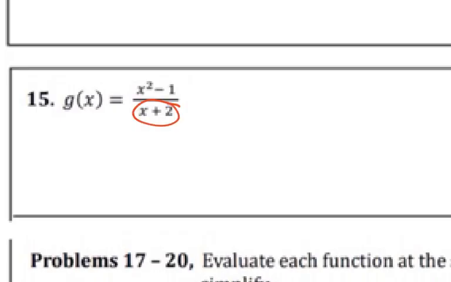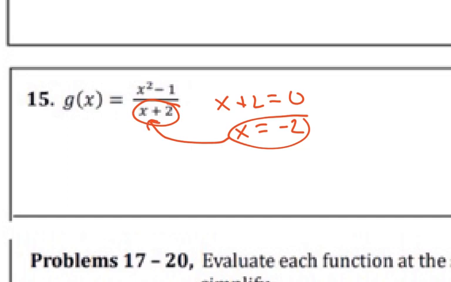Notice here, this one's going to be even simpler. Can x plus 2 equal 0? Again, you can never divide by 0. So you're trying to solve to see if you end up dividing by 0. Well, x equals negative 2 in that case. If I plug in negative 2, I'm going to end up dividing by 0.